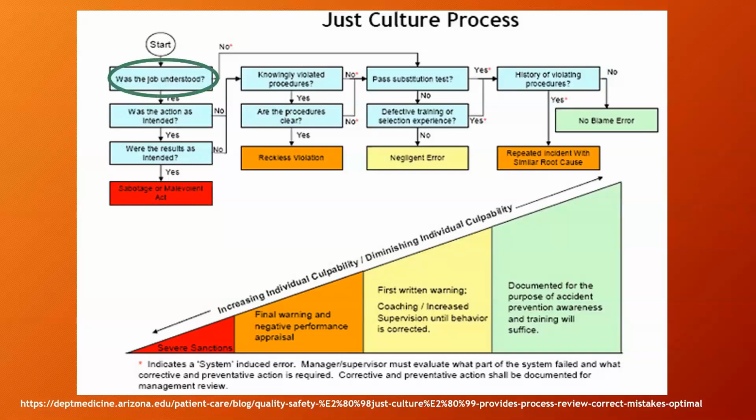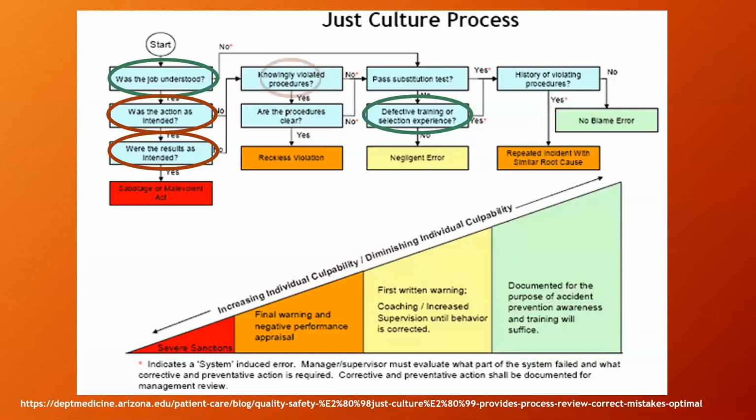We're going back to the learning issues here. Did they really understand what they were supposed to do? Or was there a defect in their training or in how we've placed them into the experiential part of learning? Those are 2 really important things to consider. And then the next ones would be, was the action intended and was the outcome, the result, intended?